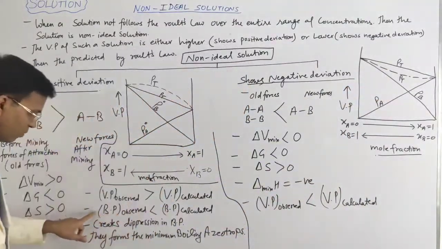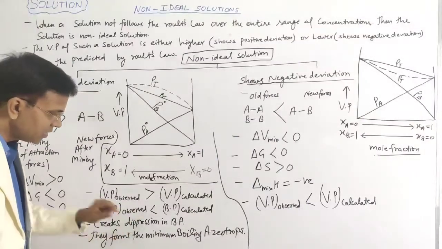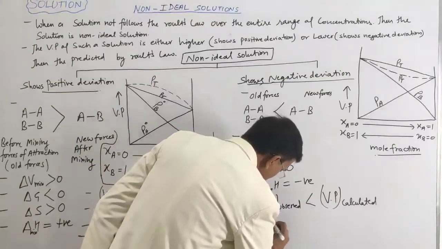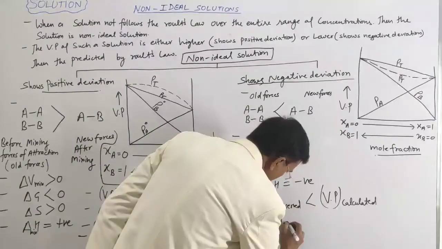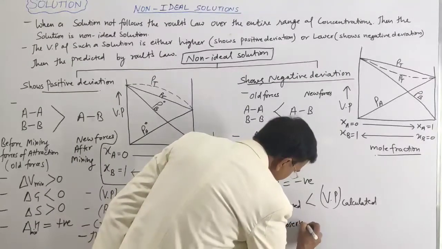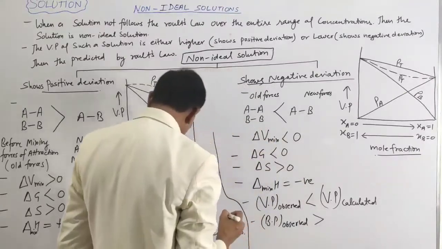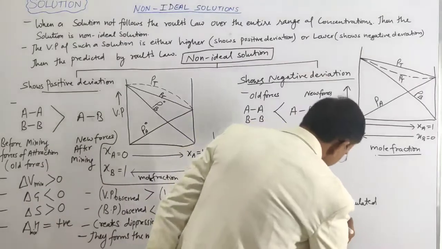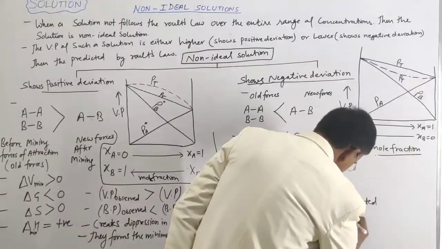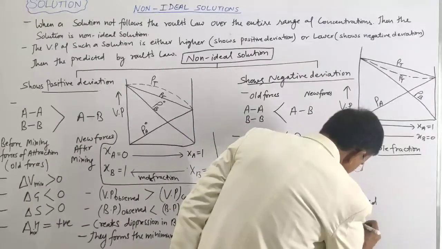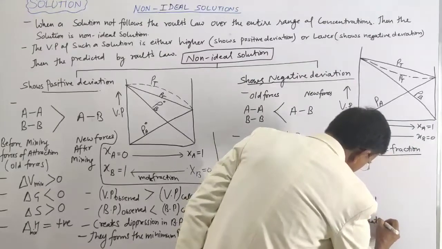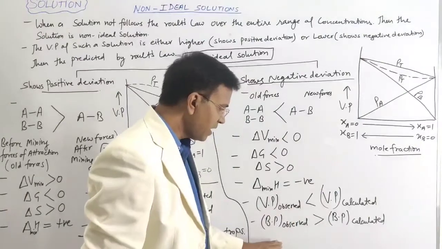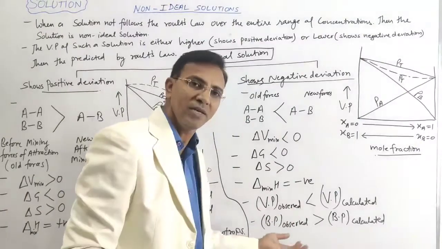Now the next is the boiling point. This time the boiling point observed is greater than the boiling point calculated, because the vapor pressure this time decreases, that's why the boiling point this time increases.